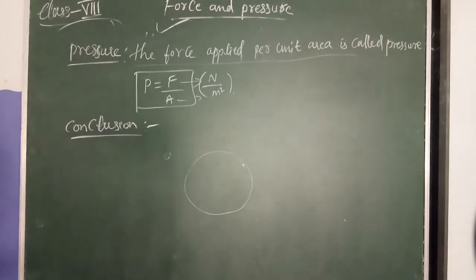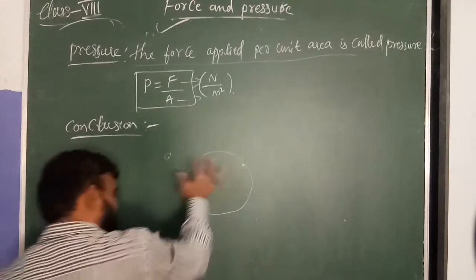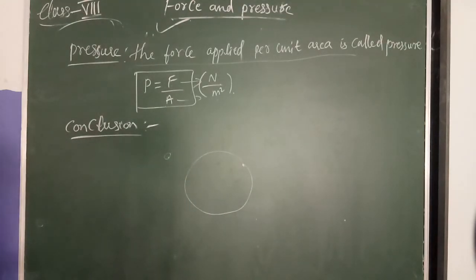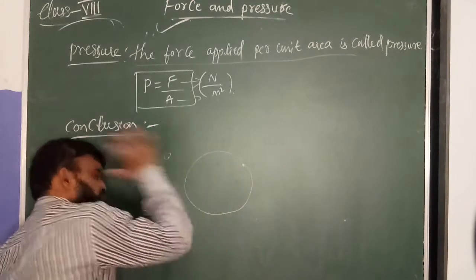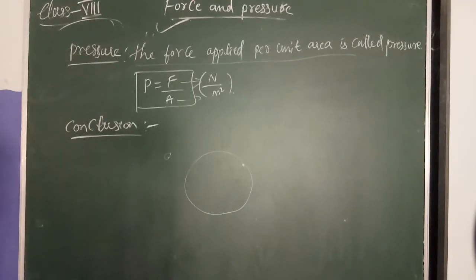If the area in contact is more, the pressure exerted will be less. Understood? The third one: the more the force acting on a body, the more pressure will be exerted, and vice versa. If you apply more force, we get more pressure. It depends on force and area.